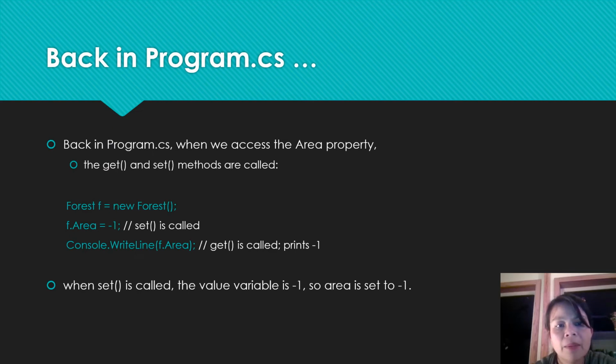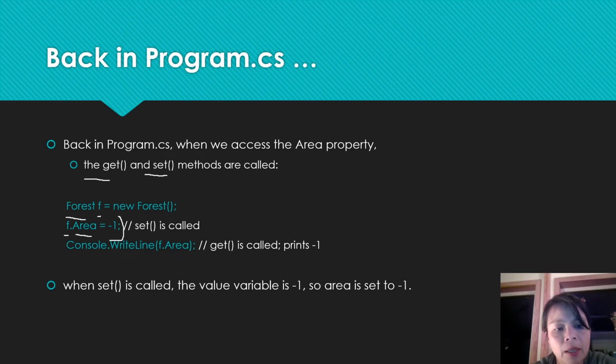Anyway, back in Program.cs, when we access the Area property, the get and set methods are called. Here we have an instance of forest f, and then we call f's property Area with -1.